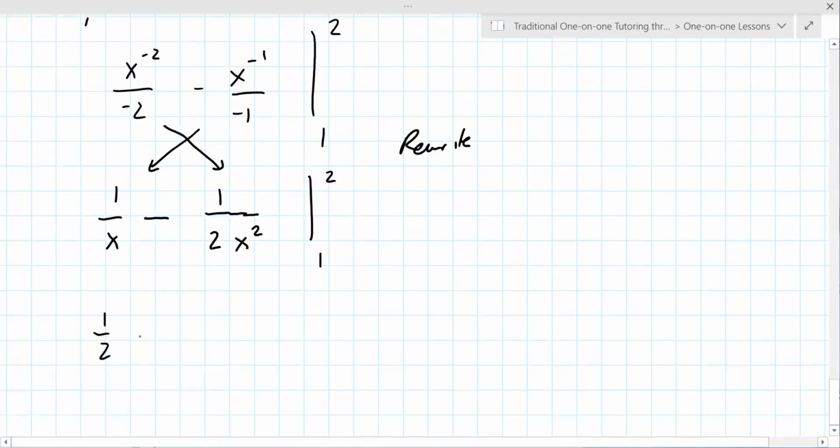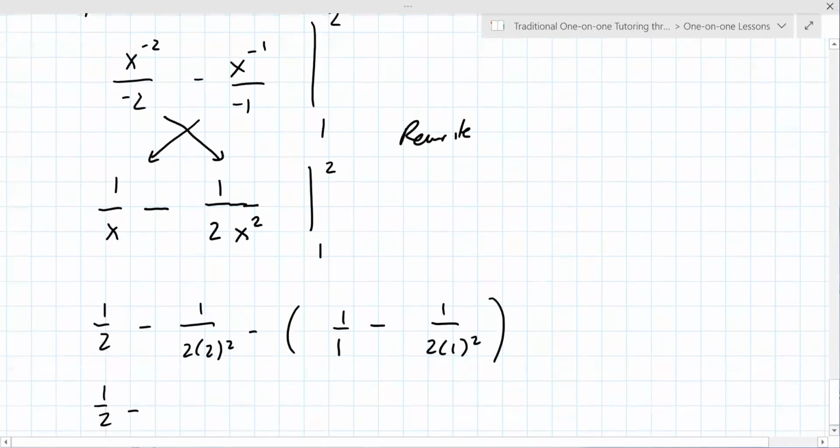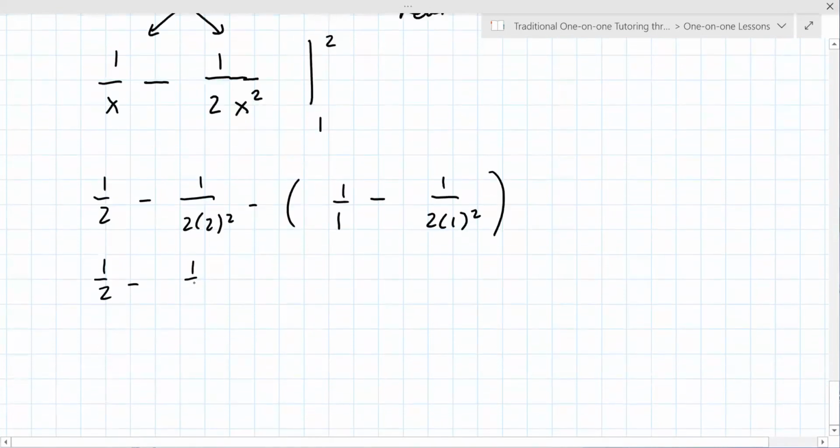Okay, so then you do 1/2 minus 1/2 times 4, so 8 minus 1 plus 1/2. So then that is, so then you make all of the denominators 8 and then add them all together.